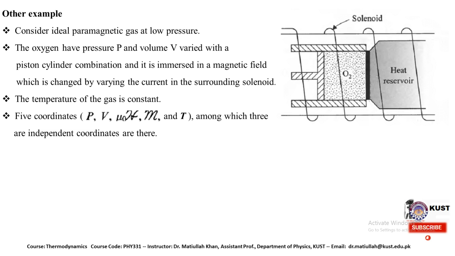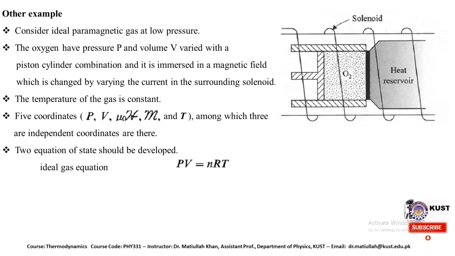Among these 5 coordinates, that is pressure, volume, mu naught H, M, and T, 3 are independent coordinates while 2 are dependent coordinates. So for expressing this system, we need 2 equations of state to describe the equilibrium configuration of this system.